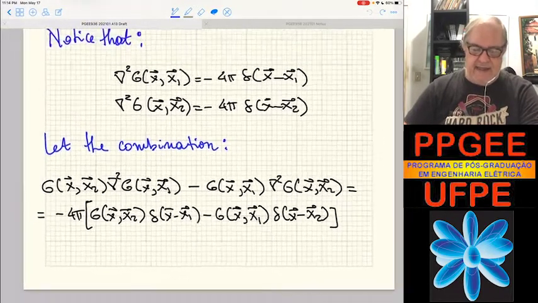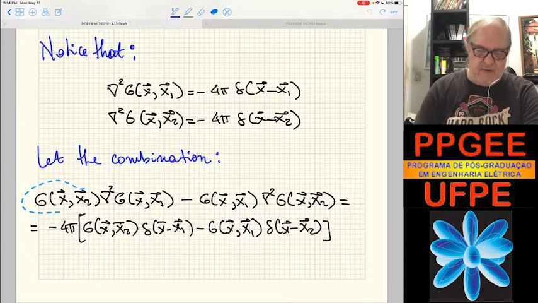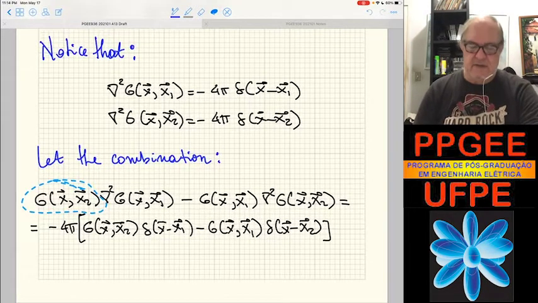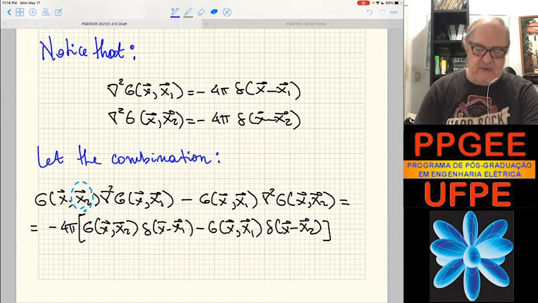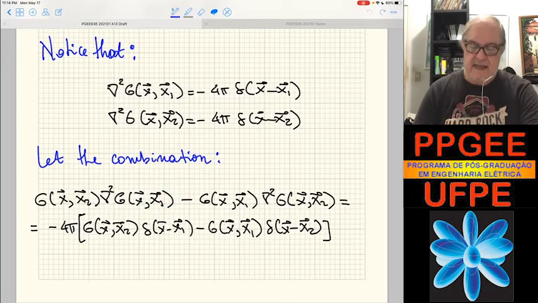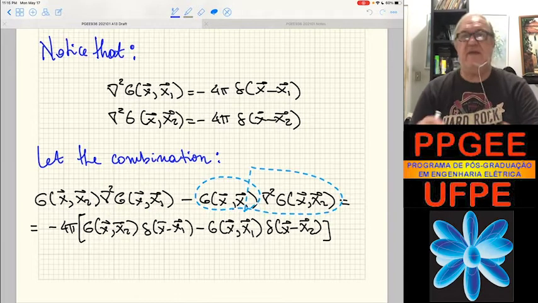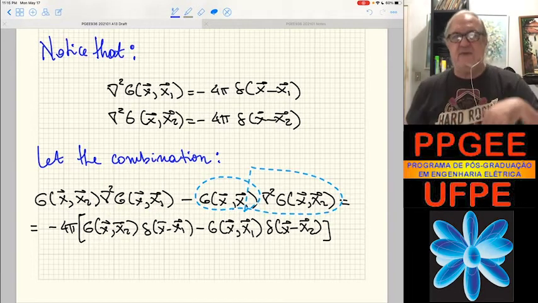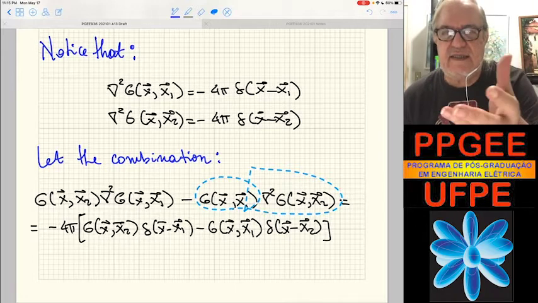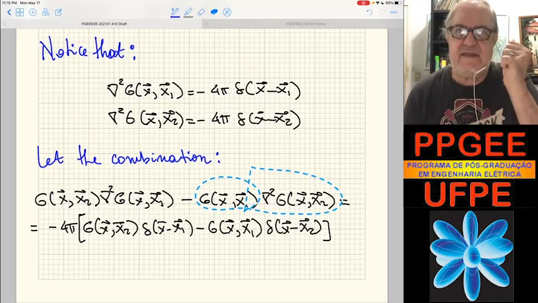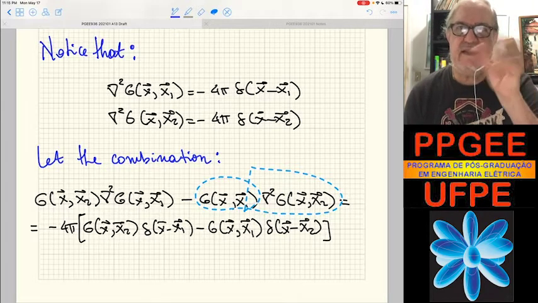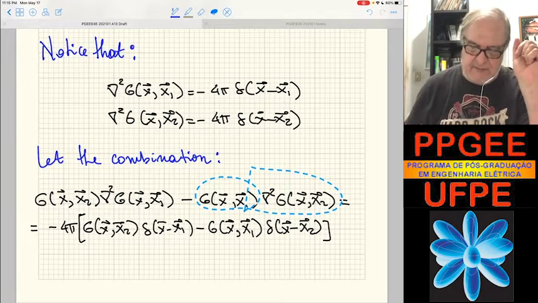Let's combine this special combination: the Green's function with singularity at x2 times the Laplacian of the Green's function that has singularity at x1. Then I subtract, I just exchange x1 and x2. The idea is to integrate in a volume, to transform this into a surface integral, and the surface integral is going to help me identify the symmetry property.